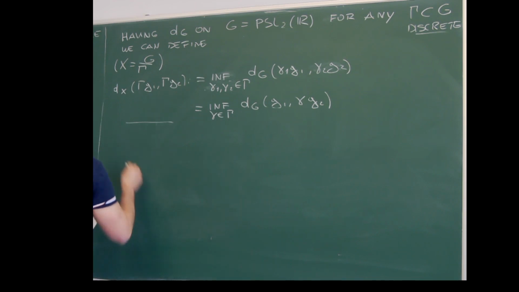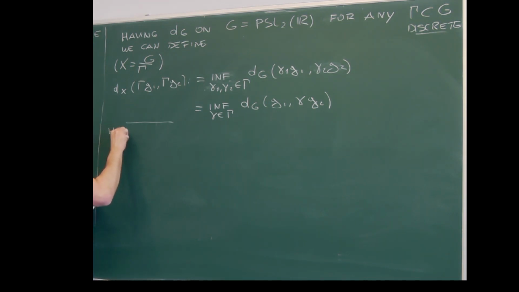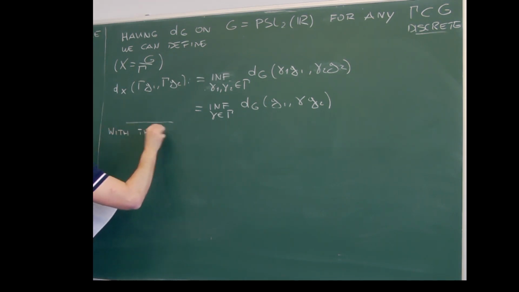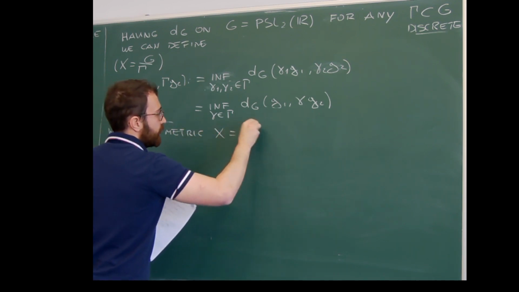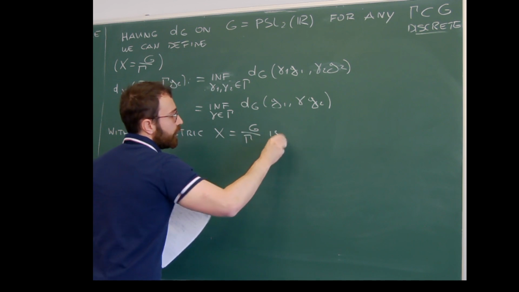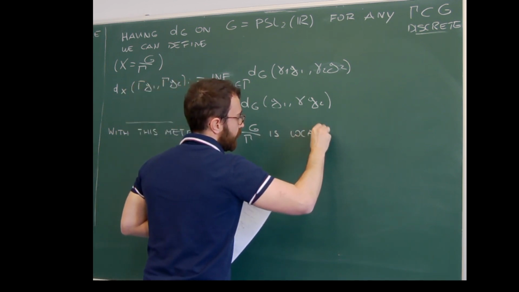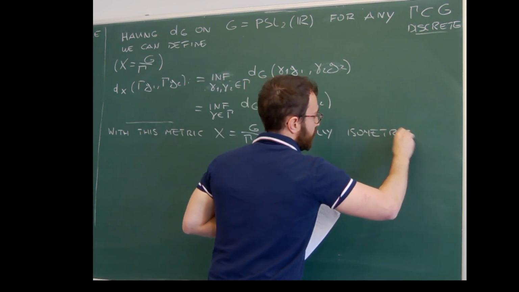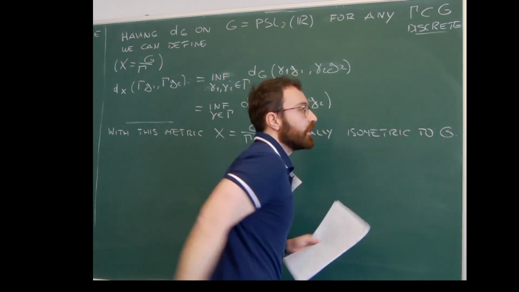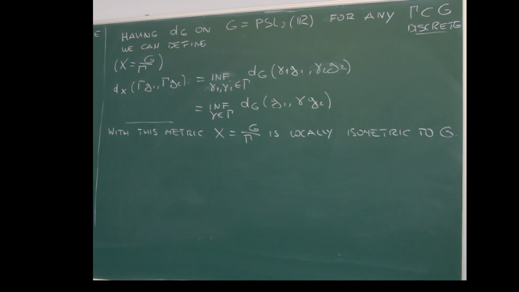With this metric, X equals G mod gamma is locally isometric to G. I also forgot to say something.